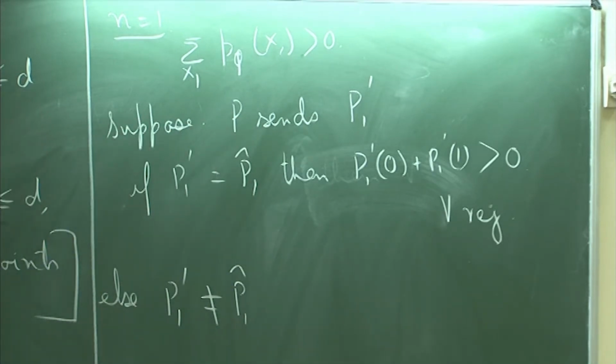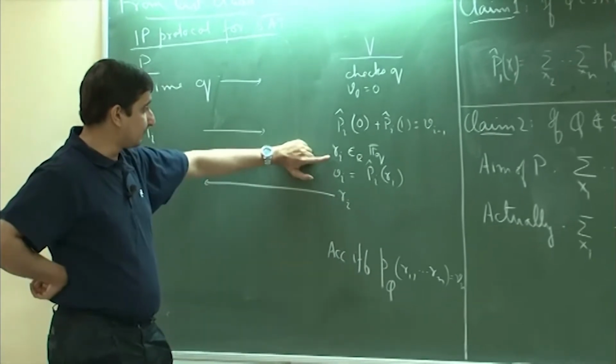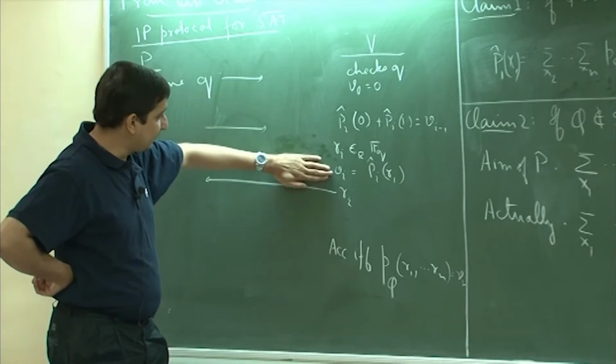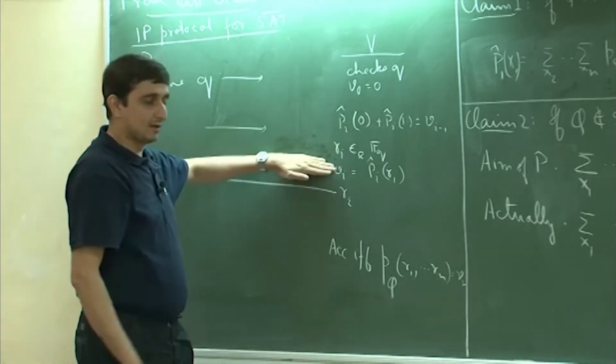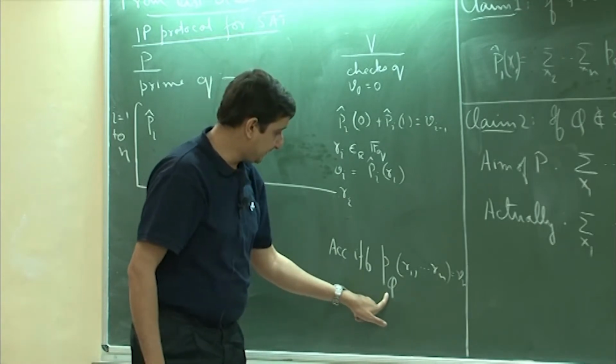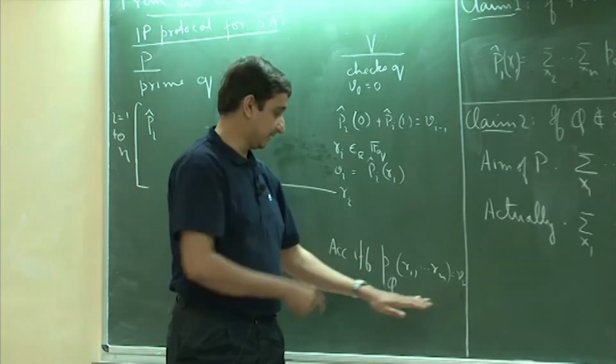But then what happens? Now the verifier picks a random point r_i in the field, in this case it is r1, evaluates p1 prime at r1 and goes on to check whether p1 hat of r1 is equal to v1 or not.